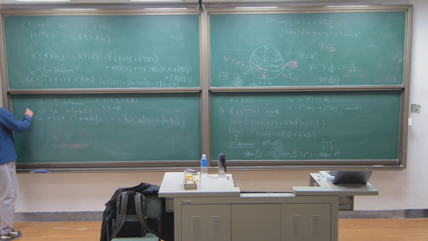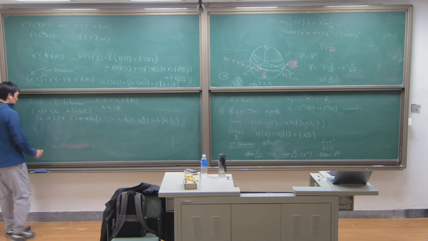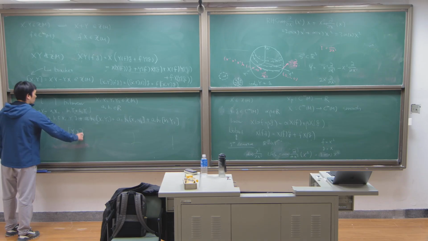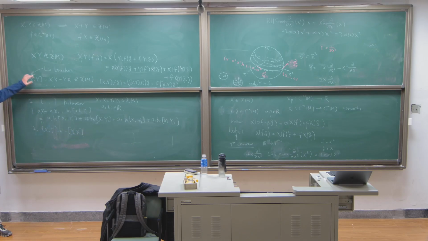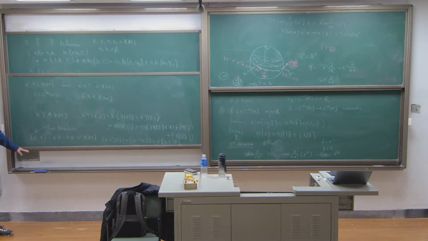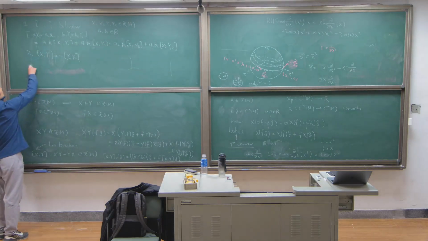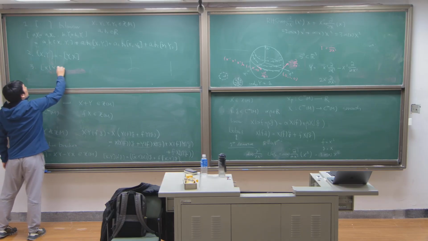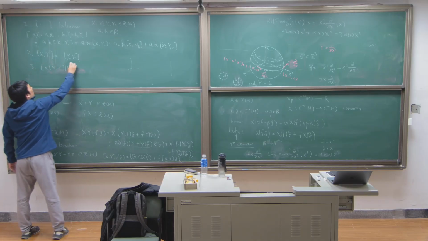So property 1. Property 2 is anti-symmetric. That's super easy because the definition is given here: xy minus yx. So this is very simple. Number 3, Jacobianity.